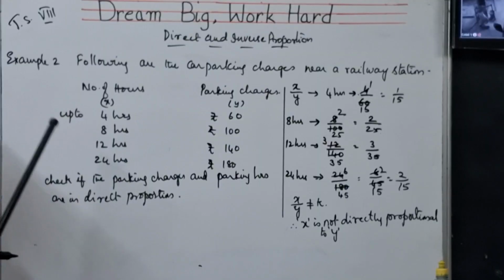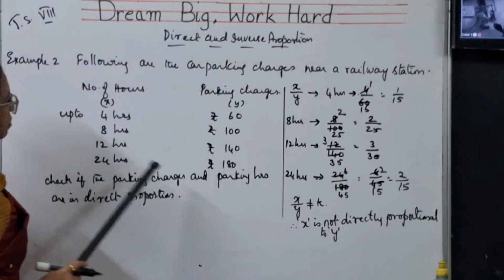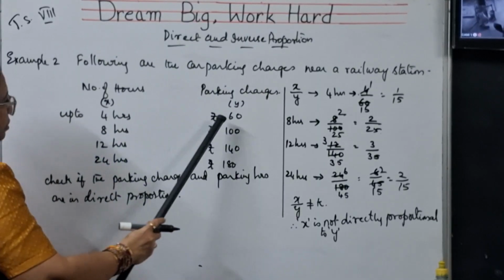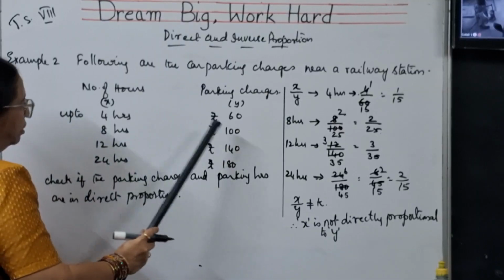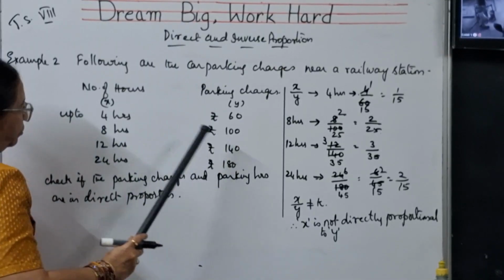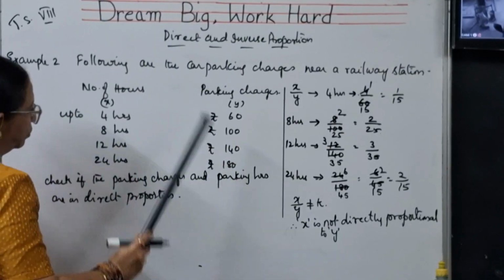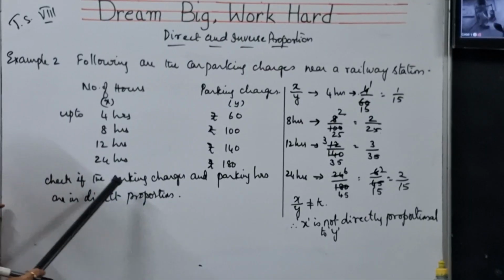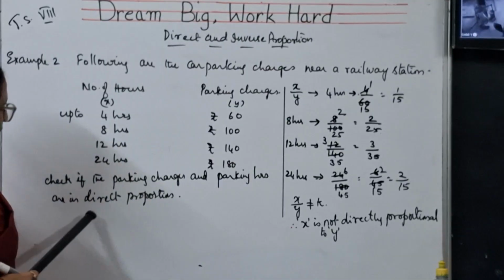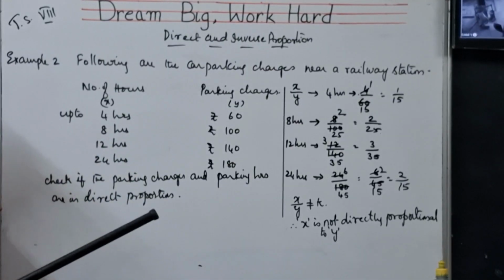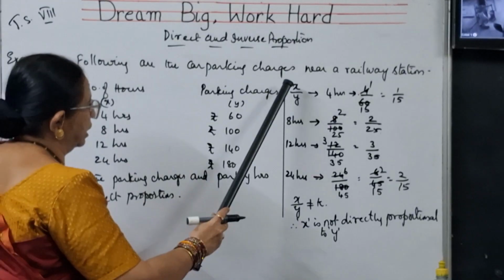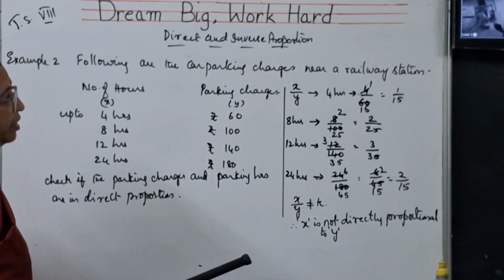Once again, see, number of hours and parking charges they have given. Up to 4 hours 60 rupees, 8 hours 100 rupees, 12 hours 140 rupees, 24 hours 180 rupees. Check if the parking charges and parking hours are in direct proportion. If they are in direct proportion, X by Y should be constant.